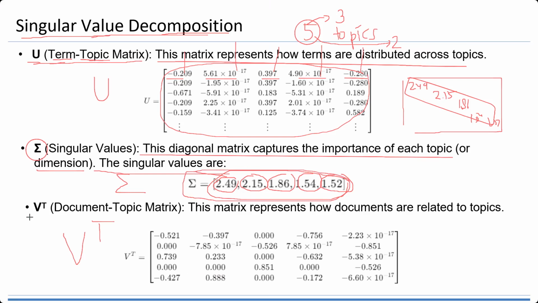And then the V transpose is the document topic matrix. The document topic matrix means we have documents and we check them against the respective topics, because in this case we have 5 topics, so in this column we also have 5 topics. This represents the importance of each topic.